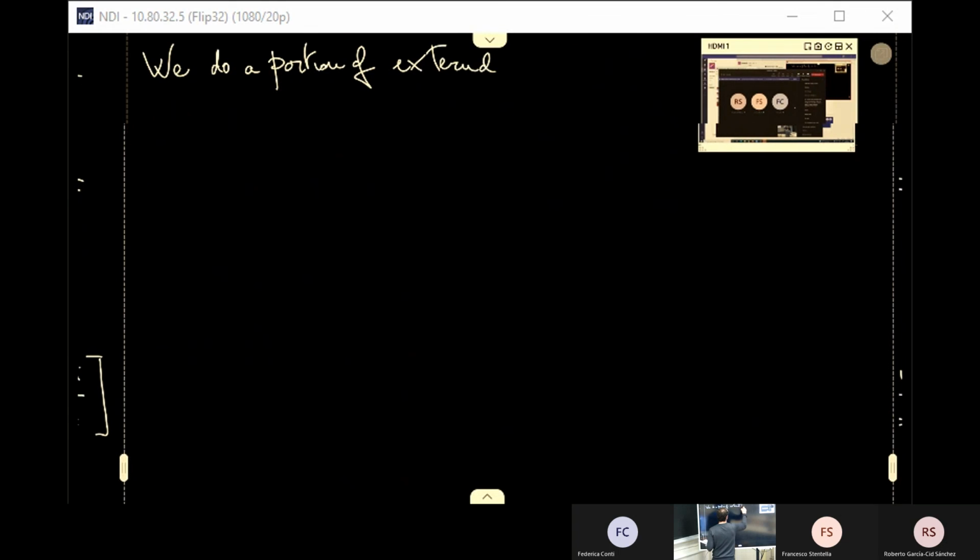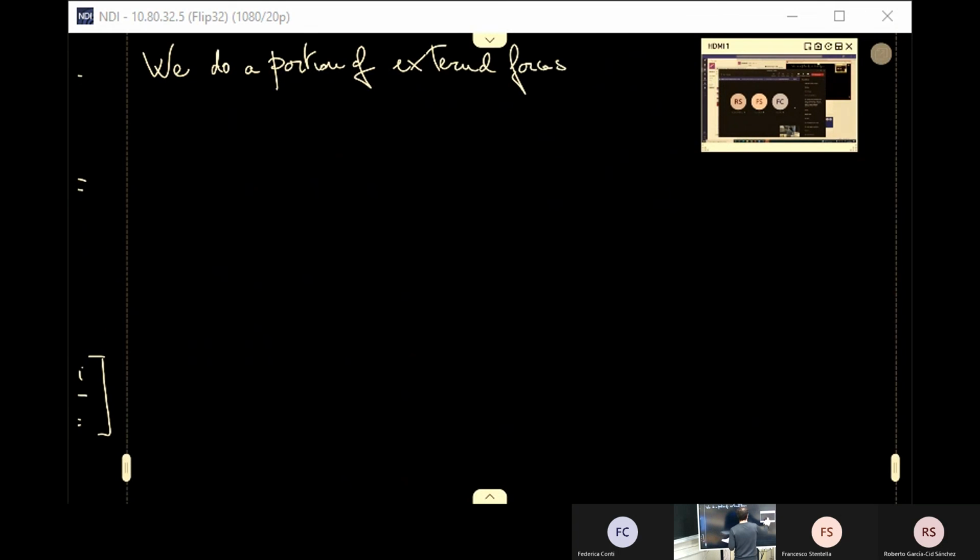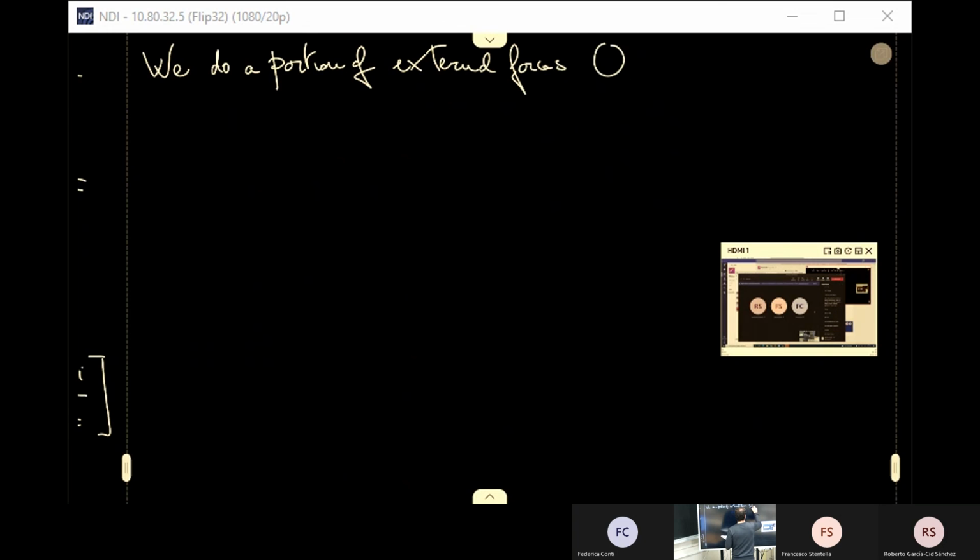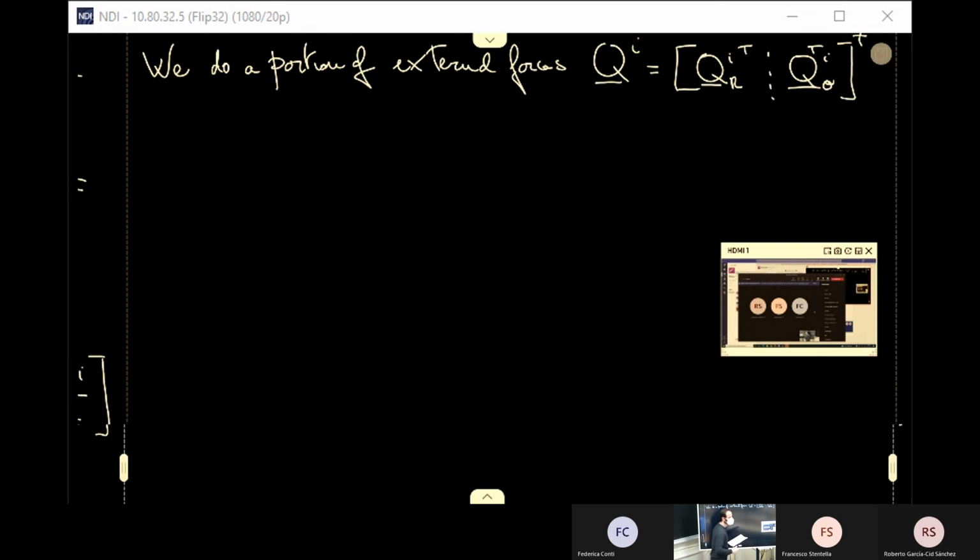So from where now? We do again a partition of external forces, so that basically our Q_i is just Q_R_i transposed, Q_theta.